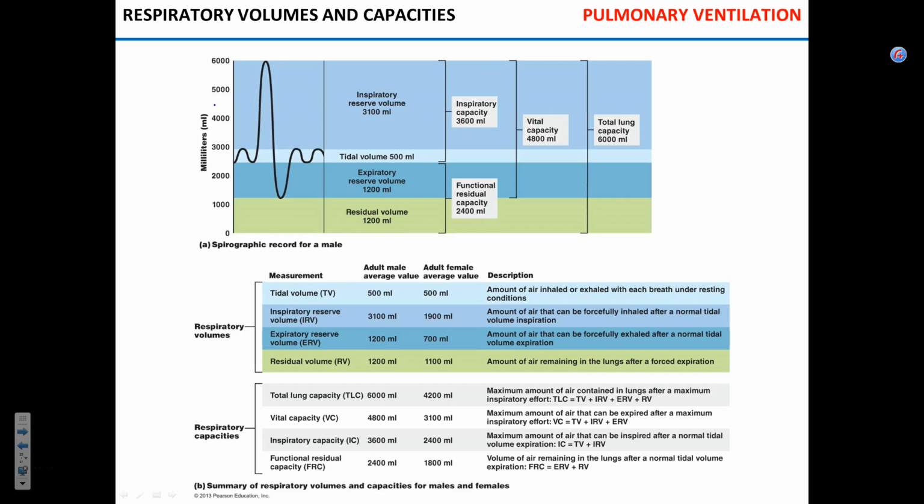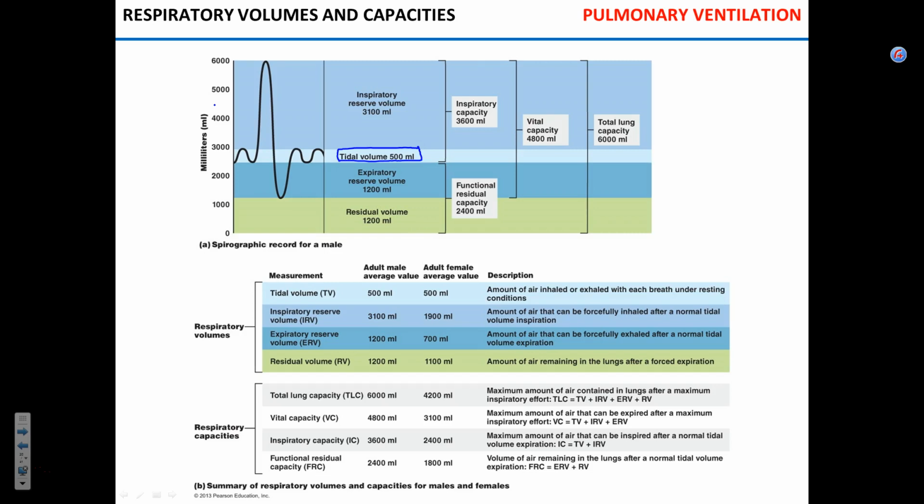We're going to start with a normal volume that you inhale and exhale every time. This is called a tidal volume. So right now, as you're breathing, you breathe in and breathe out a tidal volume. You don't need to know any numbers. Am I clear?